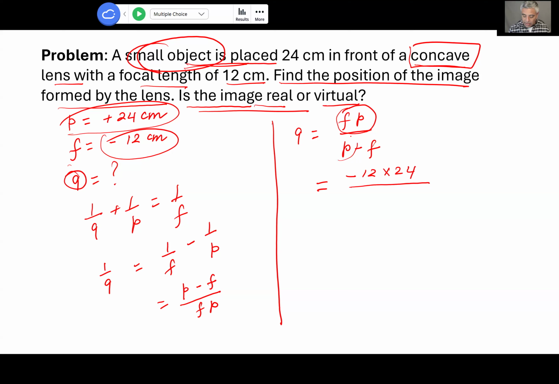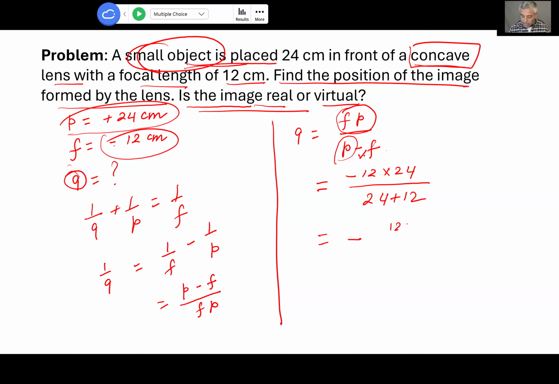And then P is positive, but F is negative, and there is a negative sign as well. So this negative times negative becomes positive. So that means it's 24 plus 12. Not 24 minus 12, but plus 12. So overall we get negative.